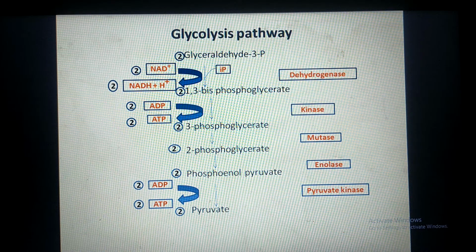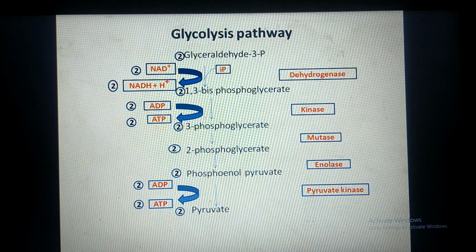This type of synthesis of ATP is called substrate level phosphorylation. That means synthesis of ATP by adding a phosphate directly from the substrate is called substrate level phosphorylation.